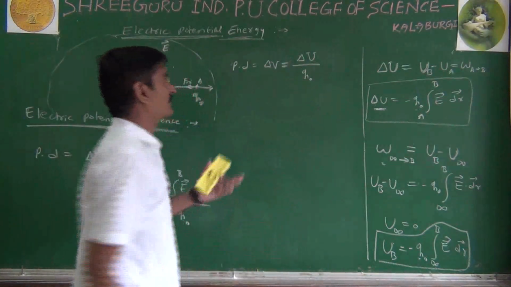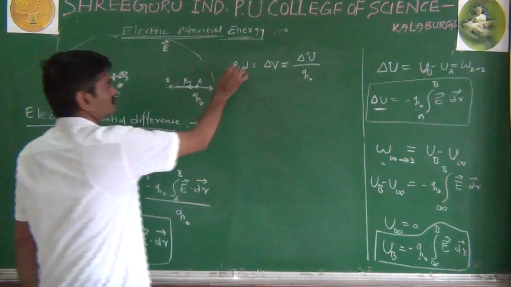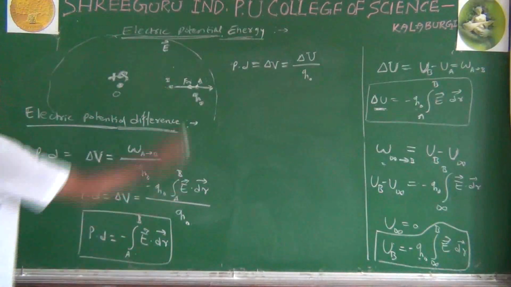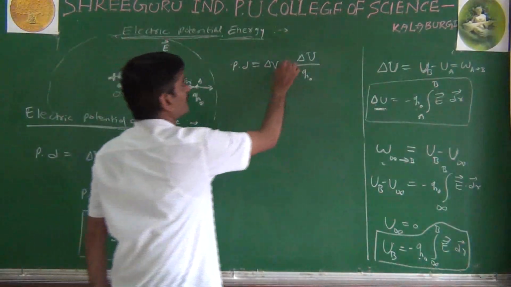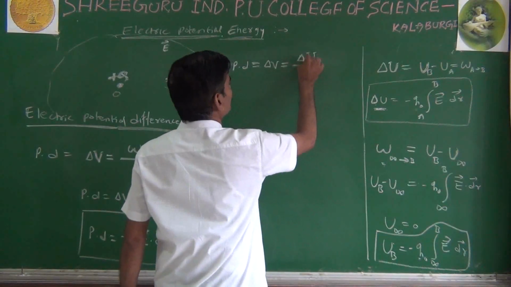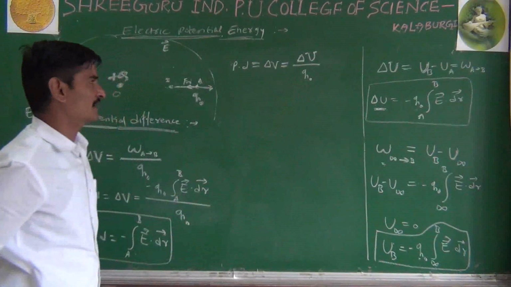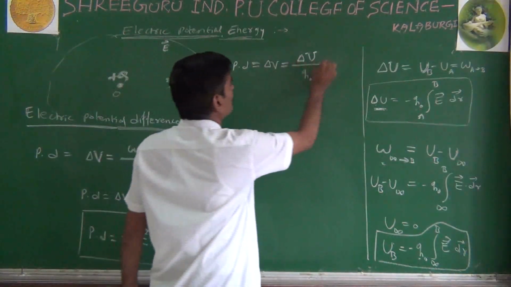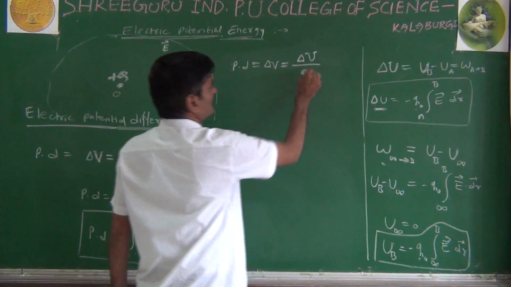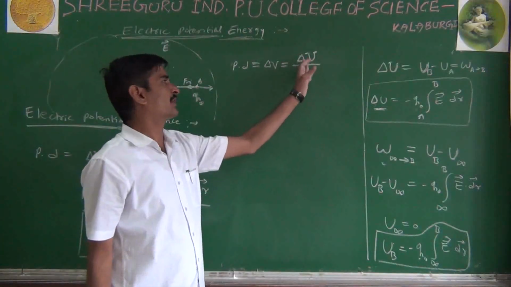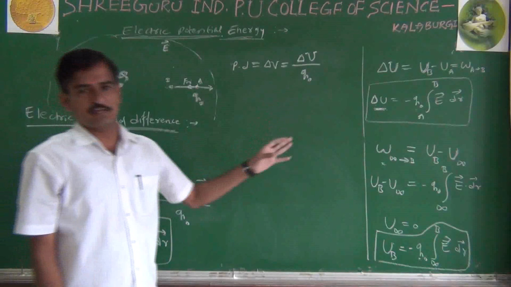Or another definition: potential difference between the 2 points in an electric field is defined as the ratio of electrostatic potential energy between the 2 points to the test charge, or potential energy per unit charge.